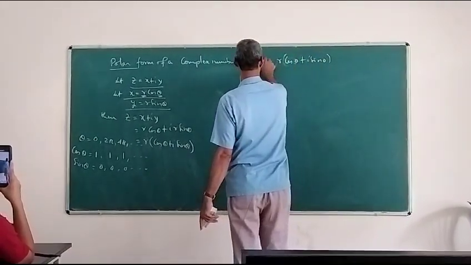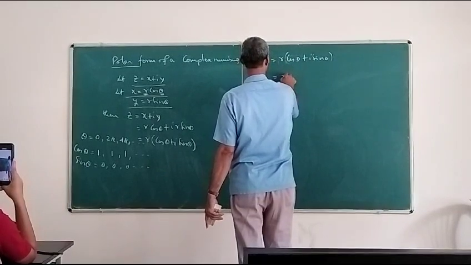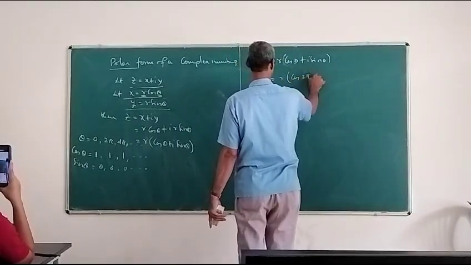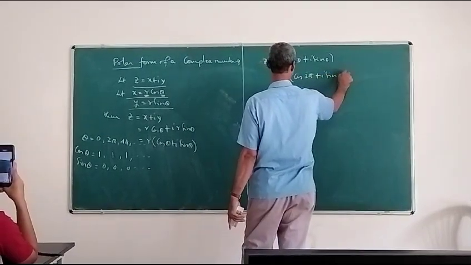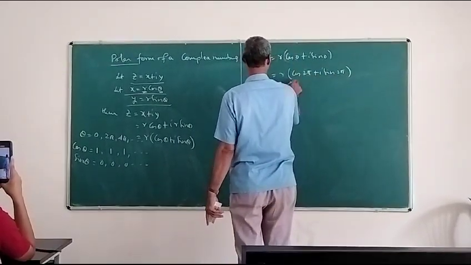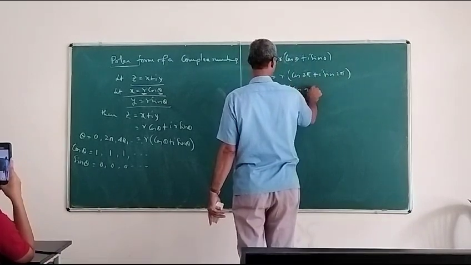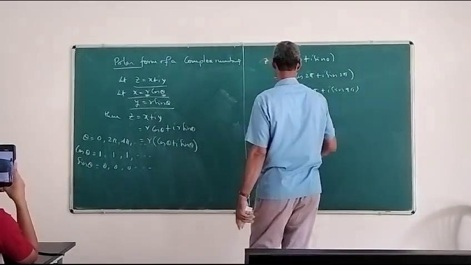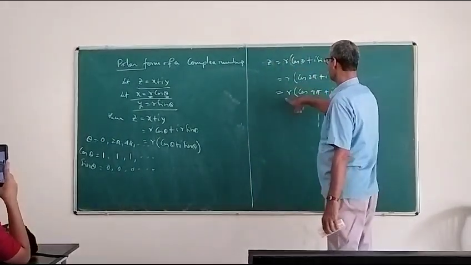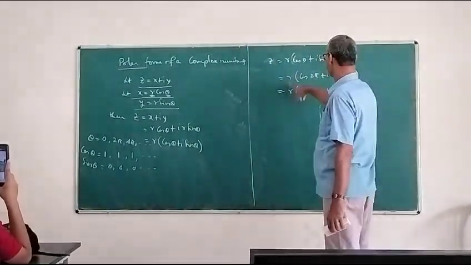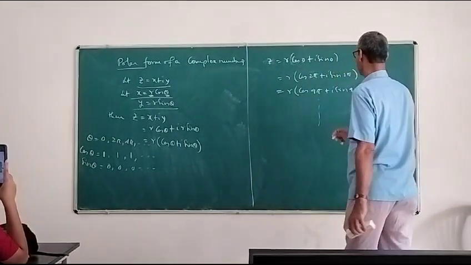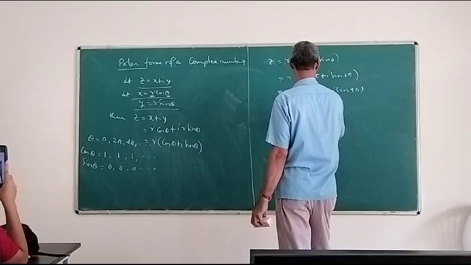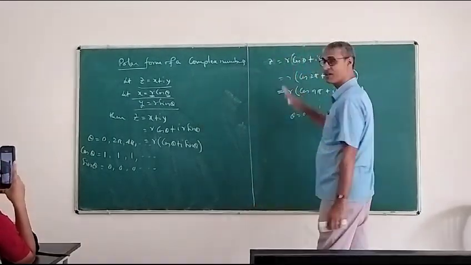The same complex number can be represented by r times cos twice pi plus i sin twice pi. The same complex number can be represented by cos 4 pi plus i sin 4 pi, and so on. So r is the modulus of z, and theta is the argument of z. Theta takes values 0, twice pi, 4 pi for the same complex number z.